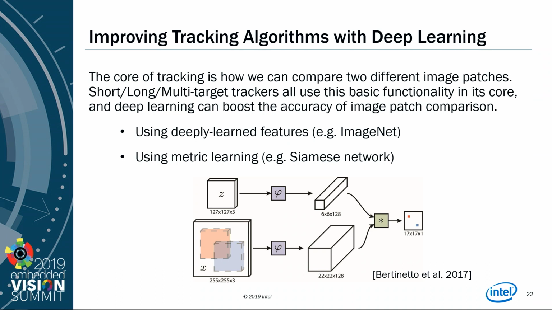To do that, maybe we can use some deeply learned features, for example, trained by ImageNet classification, to replace the previously handcrafted features which are generally used in the object trackers. Maybe we can get more accurate results in the patch comparison. And more interestingly, maybe we can use a metric learning approach to find the best distance metric for image patch comparison depending on your domain knowledge, if you have enough training data.